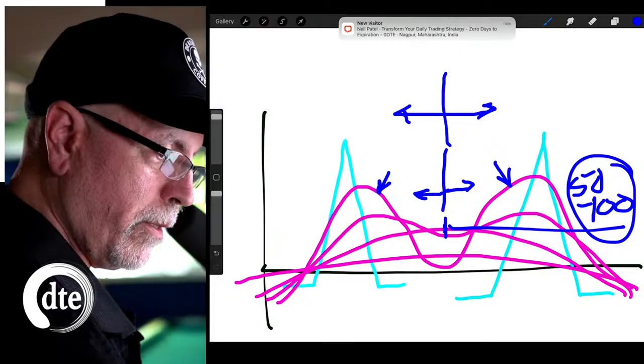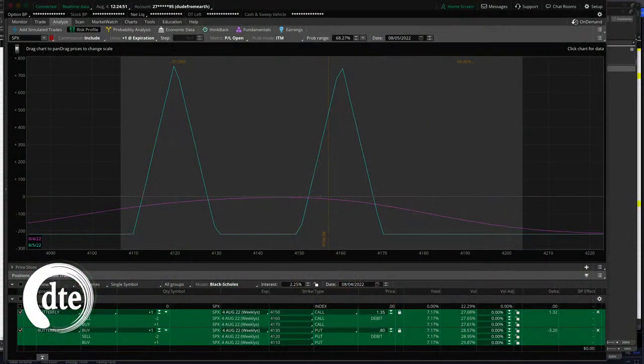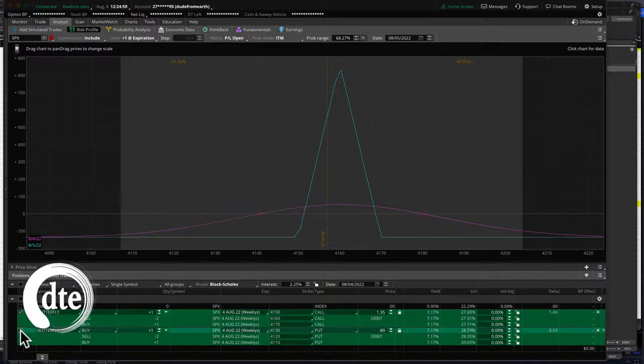All right. So back to this. Let's take a look at our original trade here. It's growing. Right now, it's worth about $32.